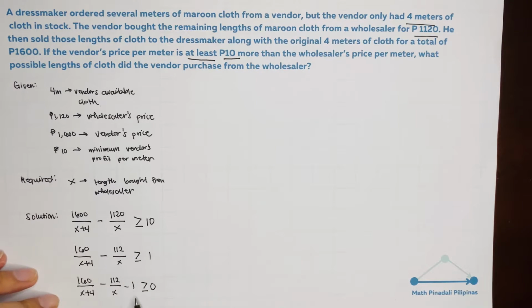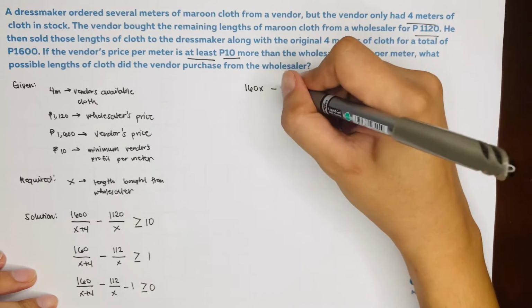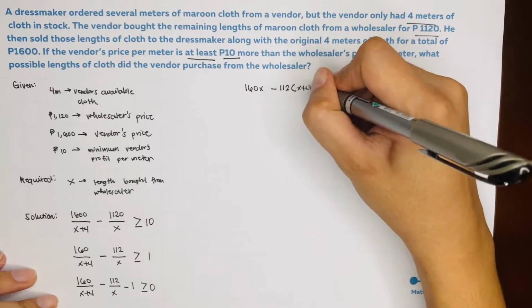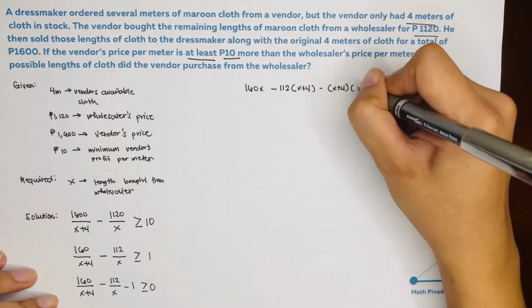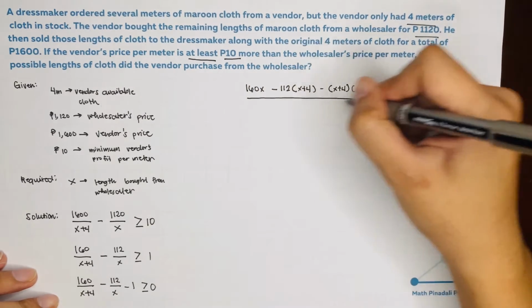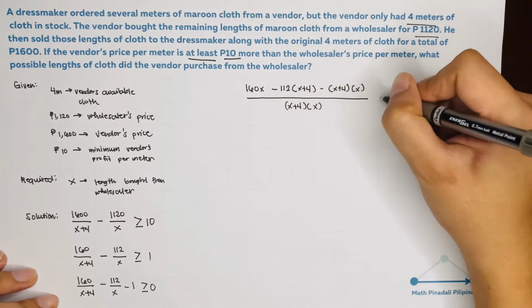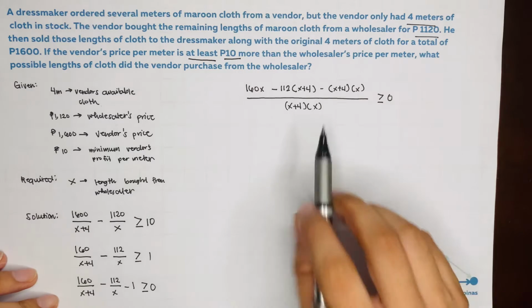Okay? So, let's try to find our LCD. So, pag sinulat natin ng LCD, we have our inequality will become 160x minus 112 times x plus 4 minus x plus 4 times x all over x plus 4 times x greater than or equal to 0. Okay, so kinuha lang natin ang LCD.